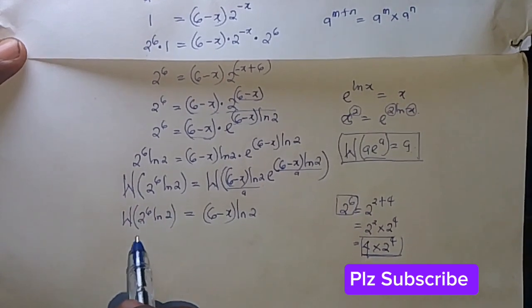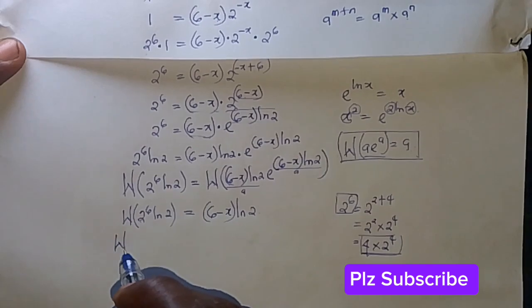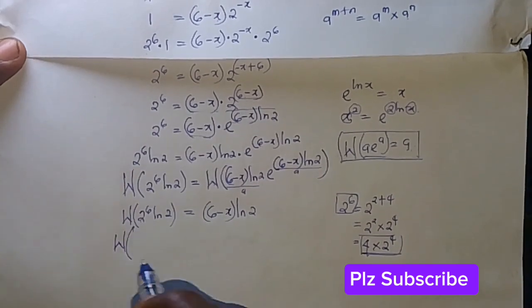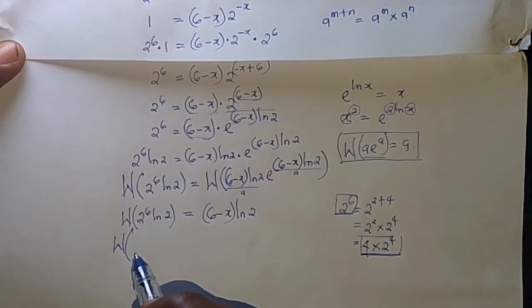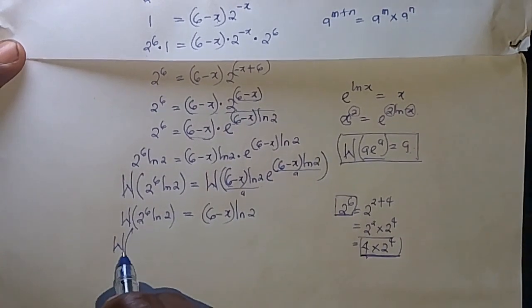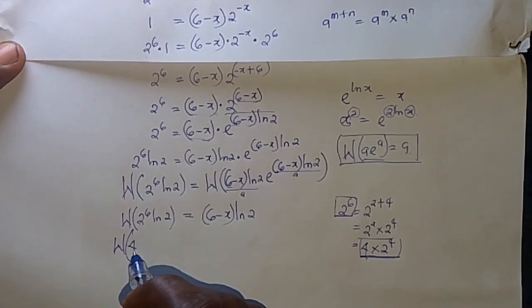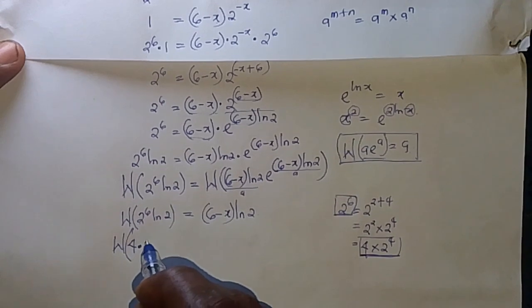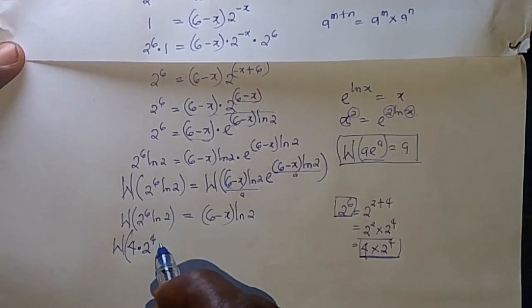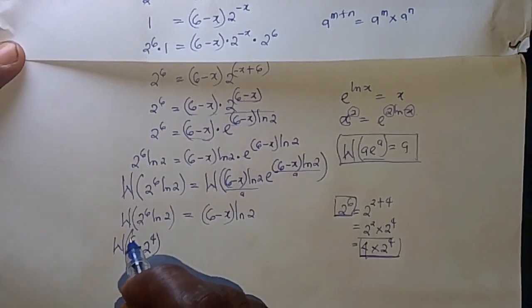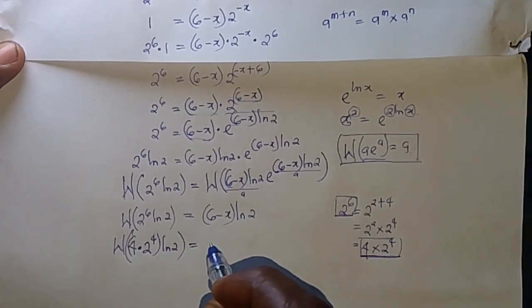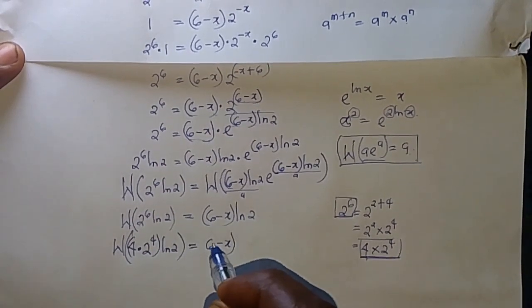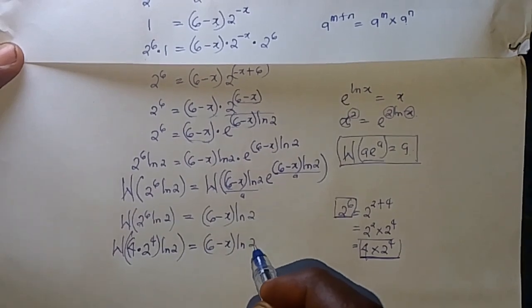So then we'll be having the Lambert W function of, recall, we are substituting the whole of this in place of 2 to the power of 6 in this equation. So we are having the Lambert W function of 4 multiplied by 2 to the power of 4 all multiplied by ln 2 equals 6 minus x multiplied by ln 2.